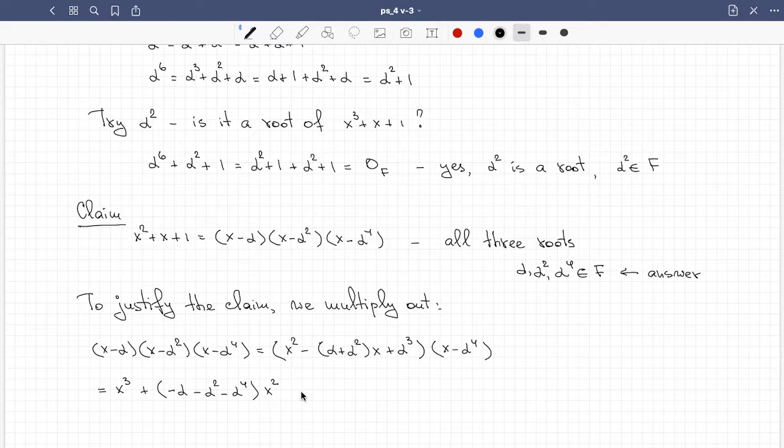What are the coefficients of x? Alpha cubed and alpha to the 4 times that. So we have plus, I believe. So again, minus, minus. So this is alpha to the 6, alpha to the 5, and alpha to the 3, x.